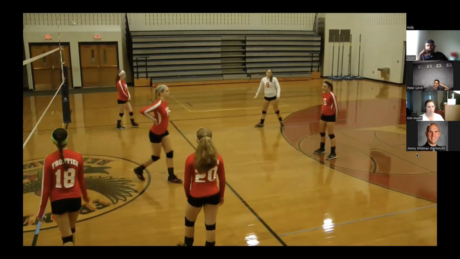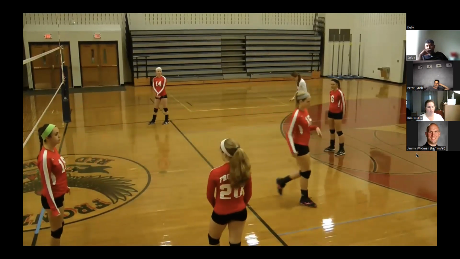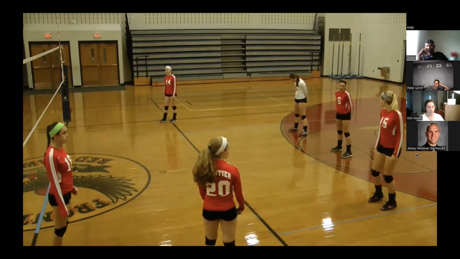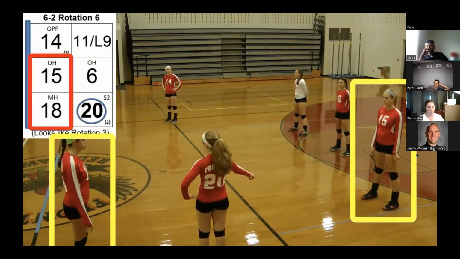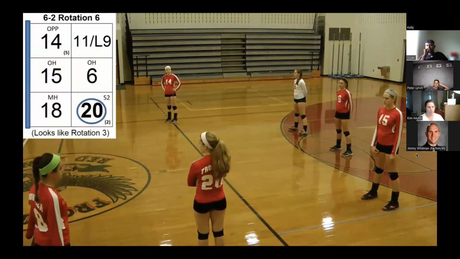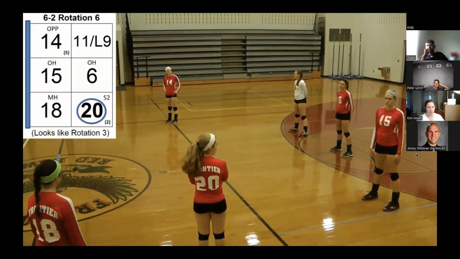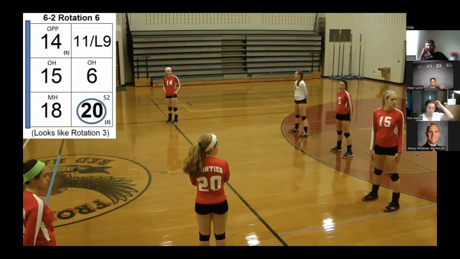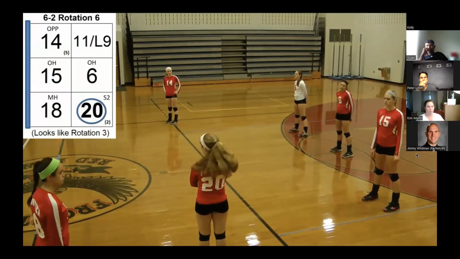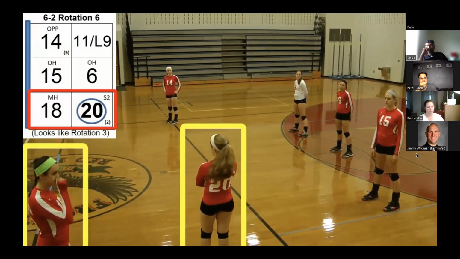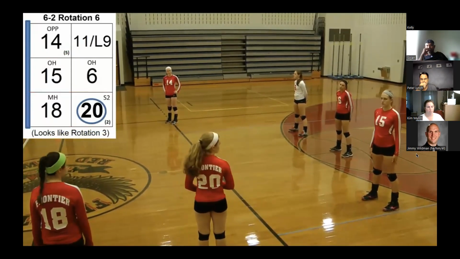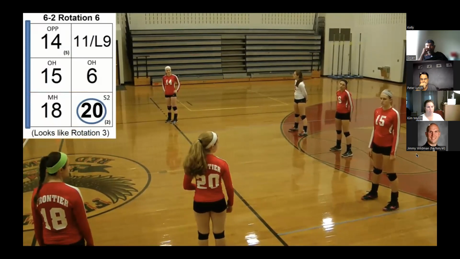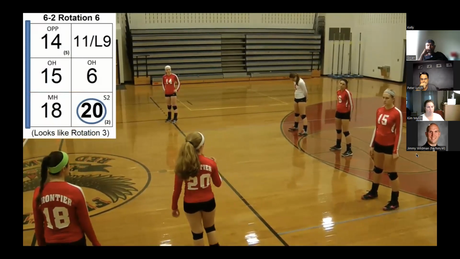Same 3 passers, number 15, number 6, and number 9. Okay, and Grace, you have to be left of Rachel. All the way over this way. There you go. All right. And so potential overlap is 18 has to be closer to the net than 20. And how far that way can you go, Ella, number 20? Can you cross number 15?